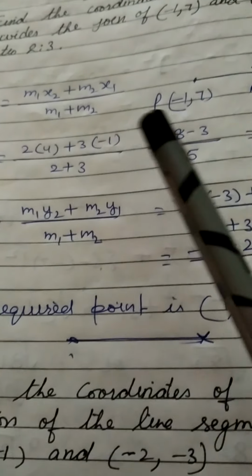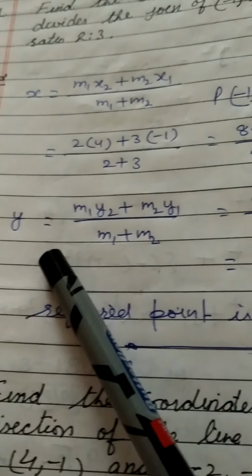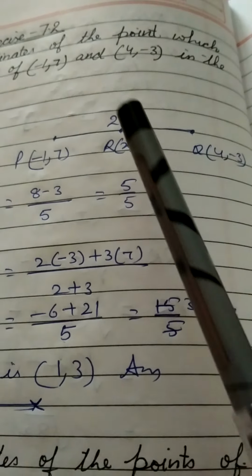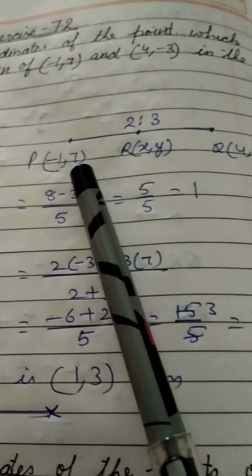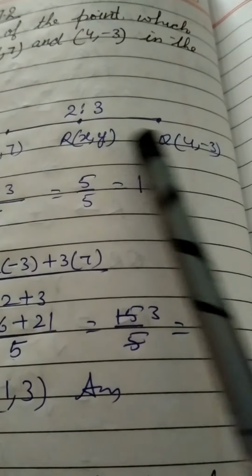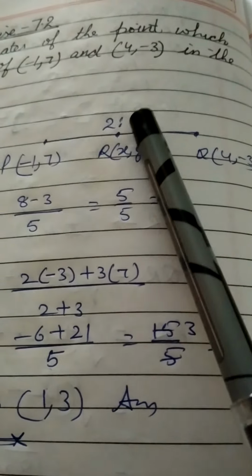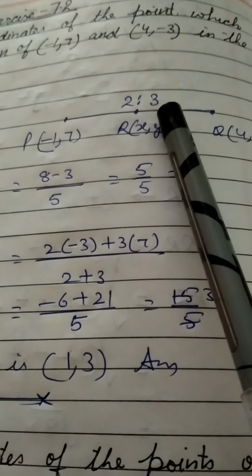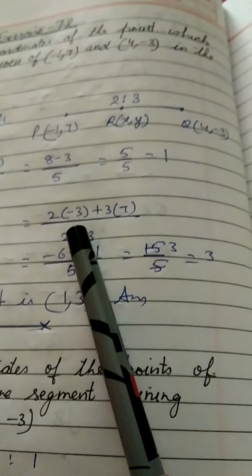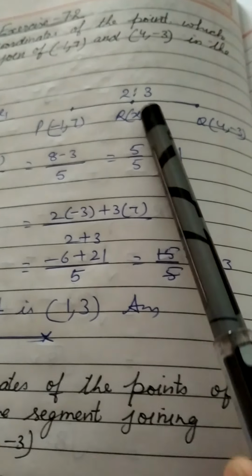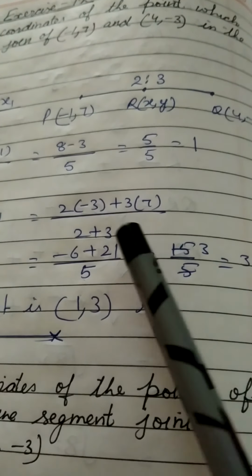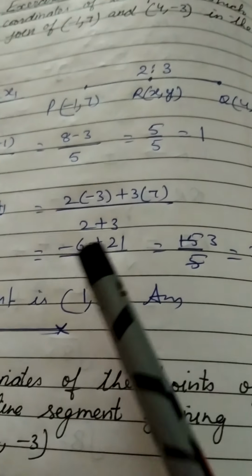Similarly, we will find y in the way (m1 y2 plus m2 y1) upon (m1 plus m2), means 2 into -3 plus 3 into 7 divided by 2 plus 3.